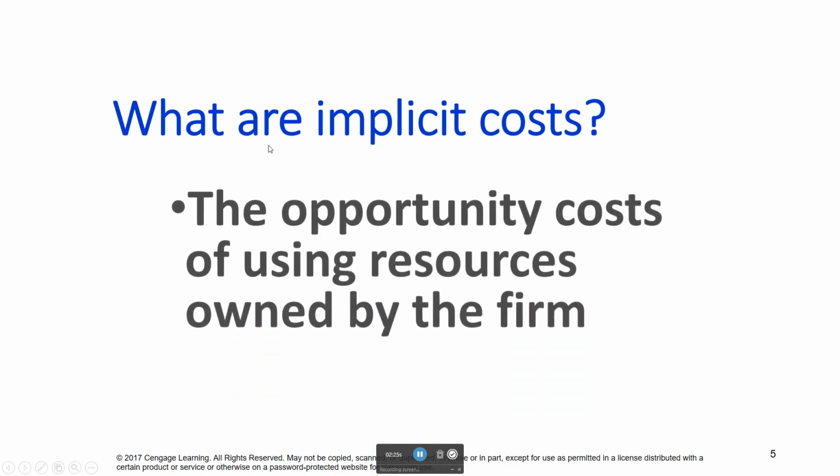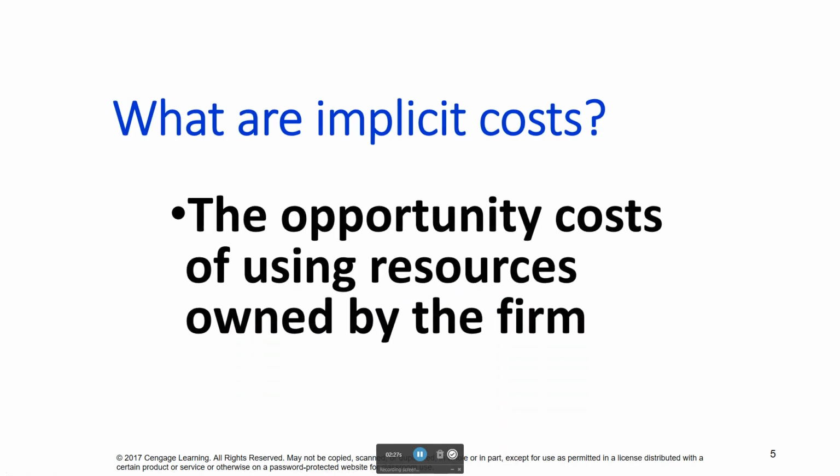Economists also include what we call implicit cost. And this is the opportunity cost of using resources owned by the firm. So for example, if an owner works in his own company and doesn't pay himself a wage, an accountant would not count that as a cost, but an economist would. The way we would count it is we would look at the opportunity cost of his labor.